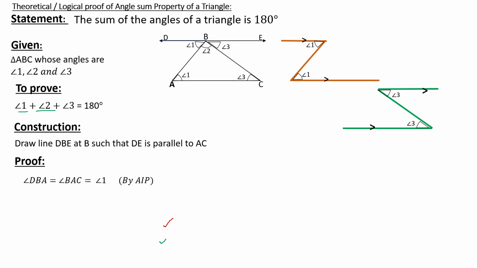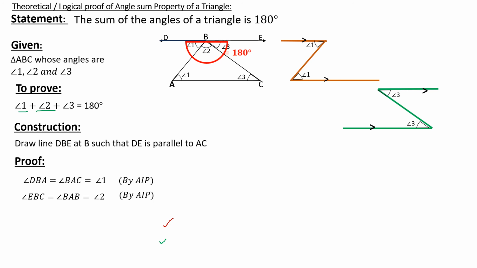Now if you see it, angle 1, angle 2, angle 3 form exactly a semicircle. You all know the angle in a semicircle. I have drawn a semicircle here, and the angle in this one is 180 degrees.